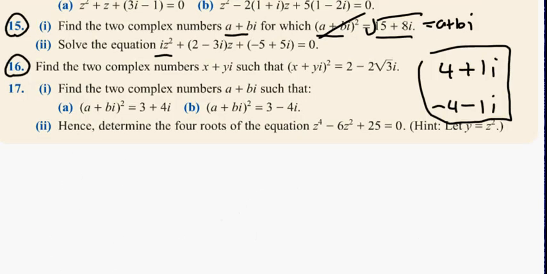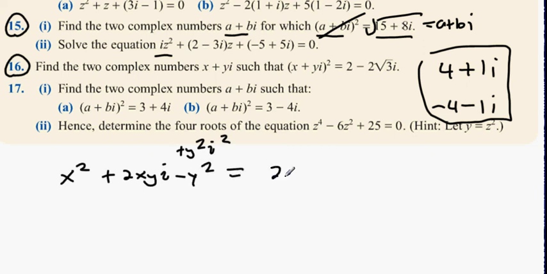We're going to square out both of them, and we get x squared plus 2xyi minus y squared, since i squared is minus 1, and that equals 2 minus 2 root 3i. I just squared it out here basically.